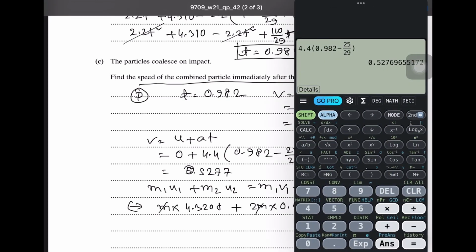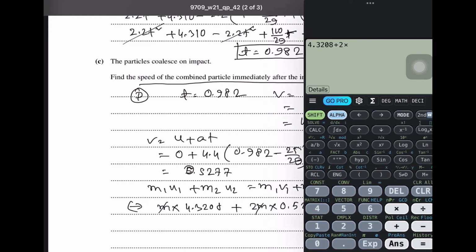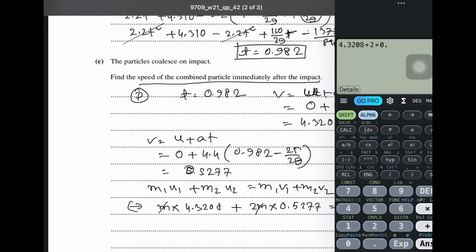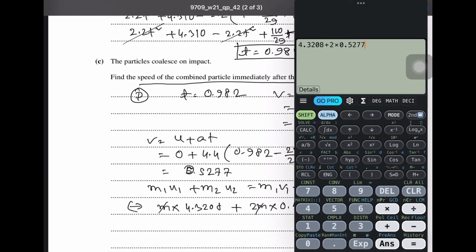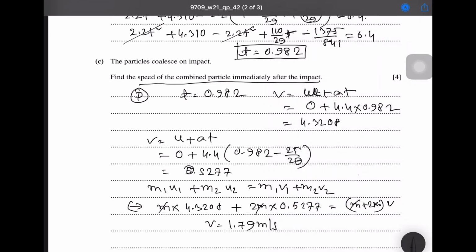Now simplify: 4.3208 plus 2 into 0.5277, divided by 3. So our answer is becoming 1.79. So v equals 1.79 meters per second. So thank you very much and keep watching.